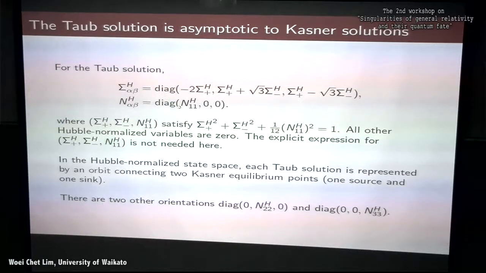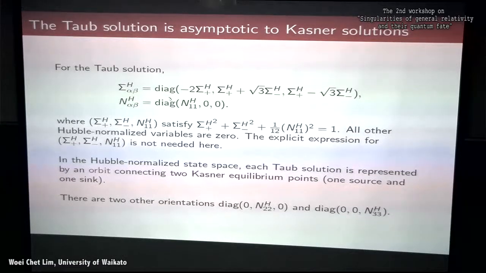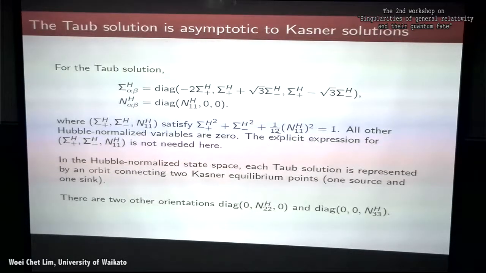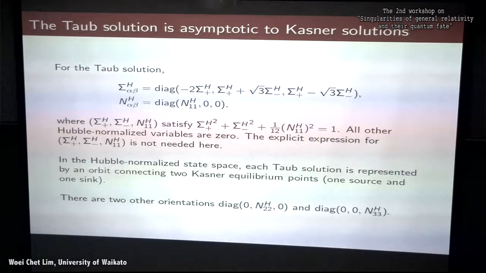Whereas the Taub solution is described by an orbit. So it has one extra variable because this N has a non-zero component, let's say N_11, and it satisfies this constraint. It's an orbit connecting two Kasner points, as we'll see.